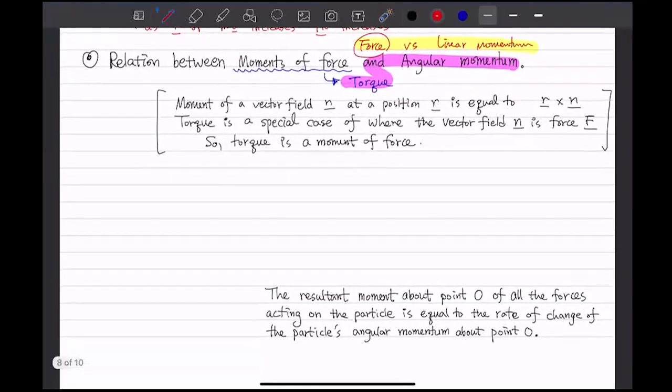So if I write this down, for the linear case, we have dealt with sigma F equals ma, right? And we also talked about the linear momentum, right? That is mv. So the relationship between the force and the linear momentum is sigma F equals L dot.